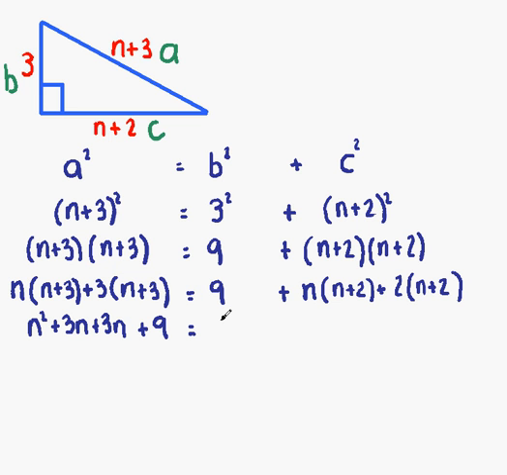On our right hand side, we still have our 9 at the beginning. Then we have n times n, which is n squared. N times 2, which is 2n. And then we have 2 times n, which is 2n. And 2 times 2, which is 4.